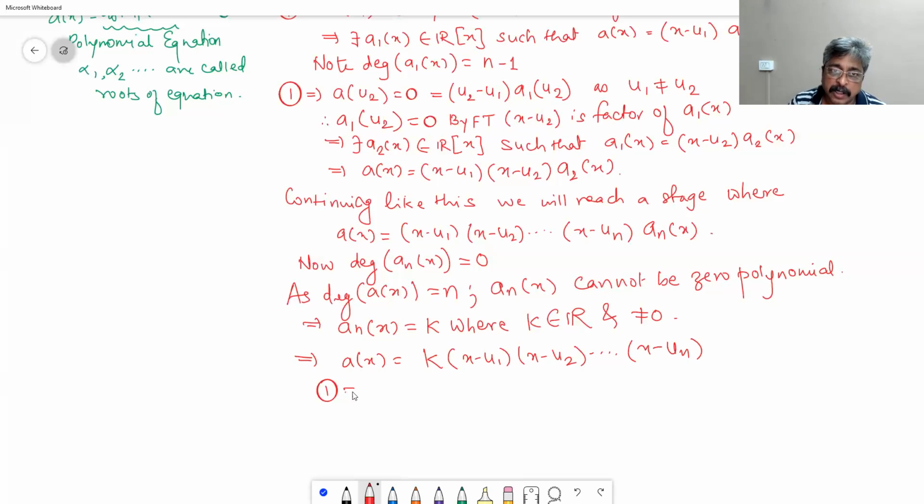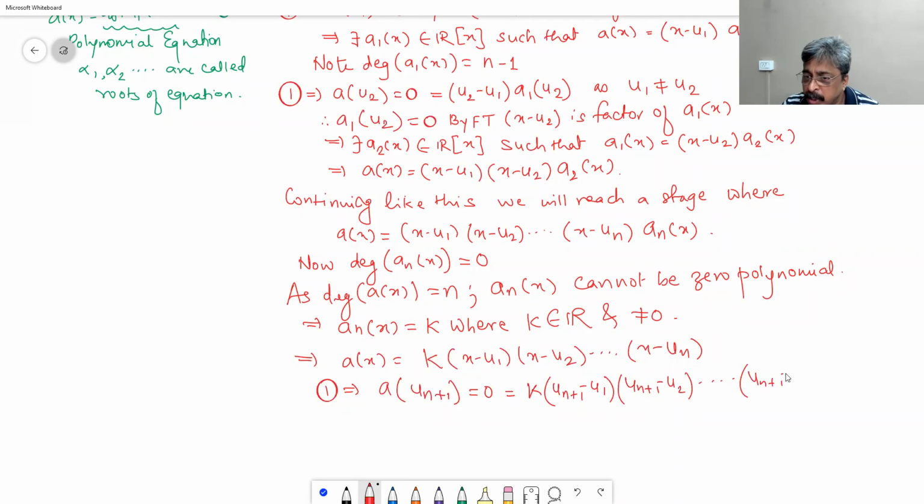One also is still implying that a(u(n+1)) is equal to 0, which is k times (u(n+1) minus u1)(u(n+1) minus u2) ... (u(n+1) minus un). That is the factorization now.